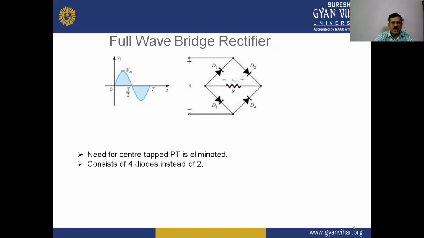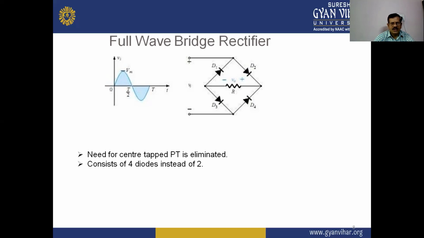Now the next type of full wave rectifier is the full wave bridge rectifier. In the bridge rectifier we use four diodes, which are D1, D2, D3 and D4, and the need for the center tap transformer is eliminated.